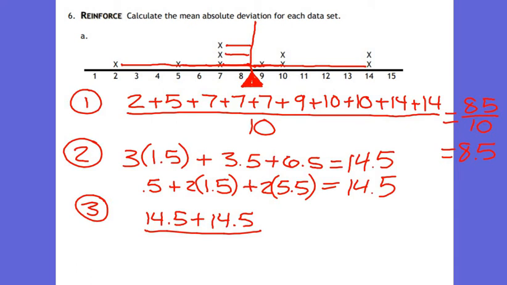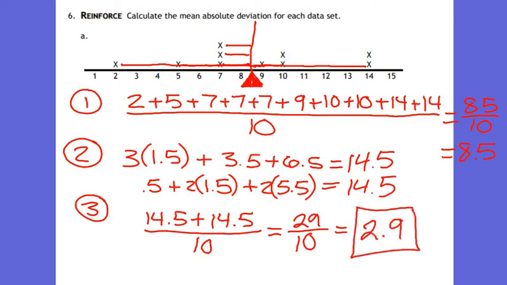How many people are on the seesaw? 10. So 14.5 plus 14.5 gives me 29. Then 29 divided by 10 gives me 2.9. That is my MAD number, or my mean absolute deviation number.